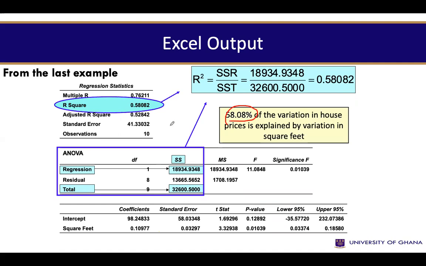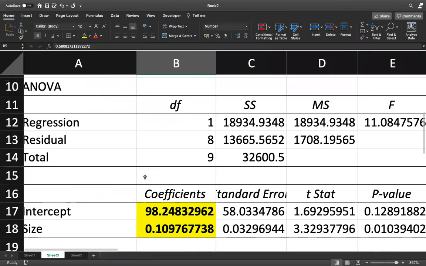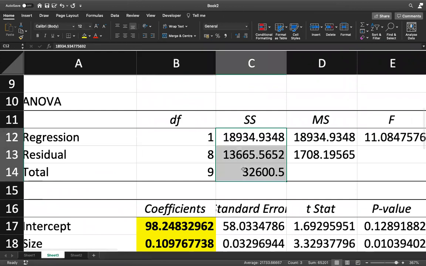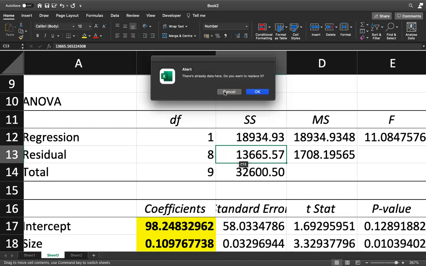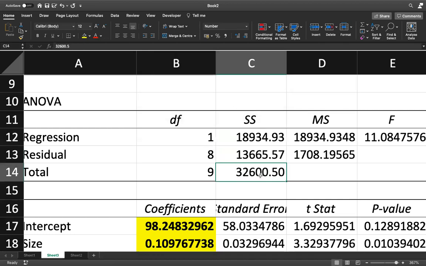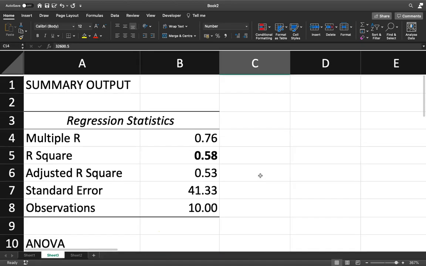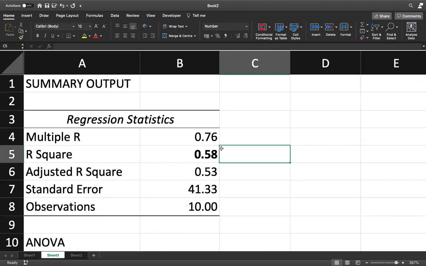And how do we calculate it? From this ANOVA table here, you have the SSR and then the SST. This value divided by that value gave us the value of the R squared.